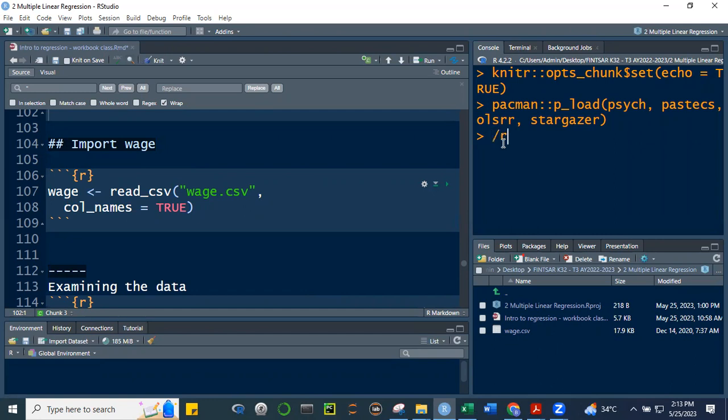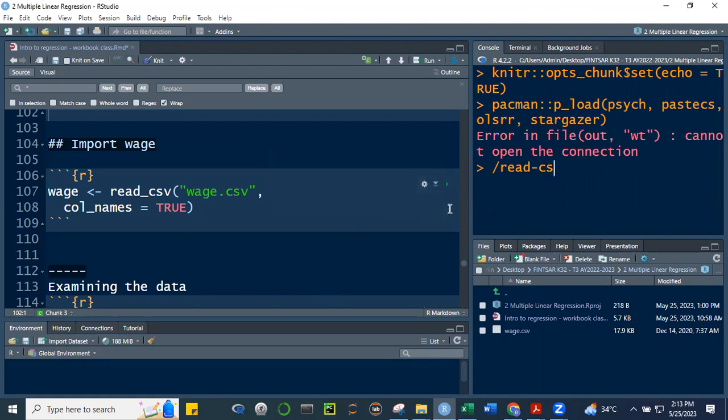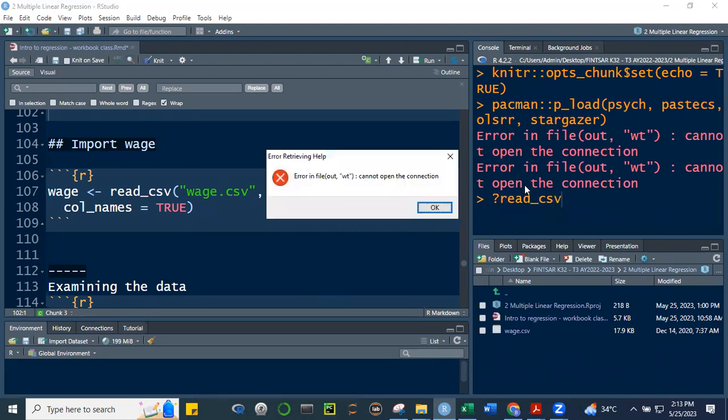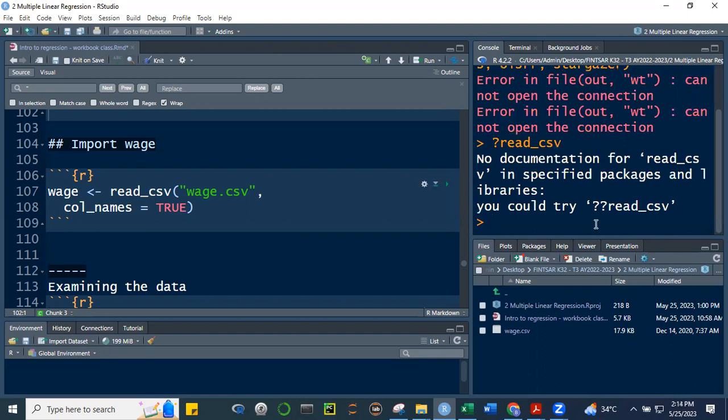So if we take a look at this, di ba, read_csv lang. Okay, let's just take a look at read_csv. And, ito na naman ako class. Internal error na naman ako. Question mark, read_csv. Okay, wala na naman. Sorry, hindi ko siya mababasa, no? May internal error na naman ako. Okay.